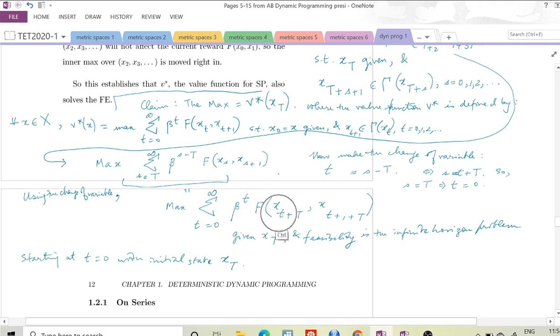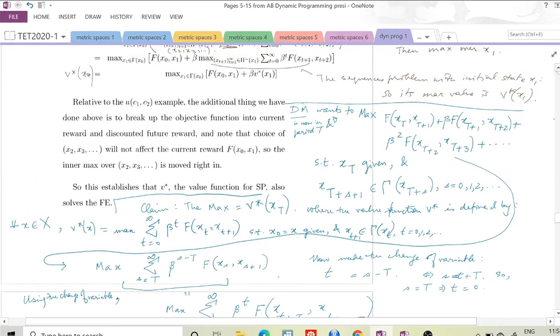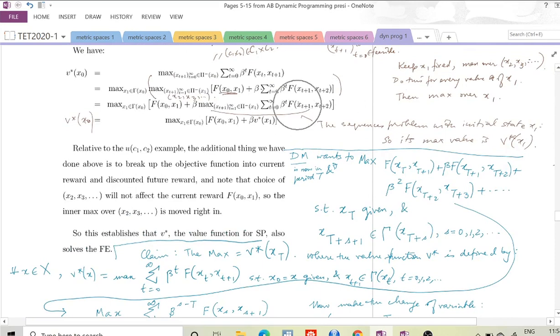See that if t is equal to 0 here, the initial state is x capital T. So the max value is equal to v star of x capital T. We had used this argument to substitute here and say that, look, the max value here is nothing but v star of x subscript 1. Okay, all right.